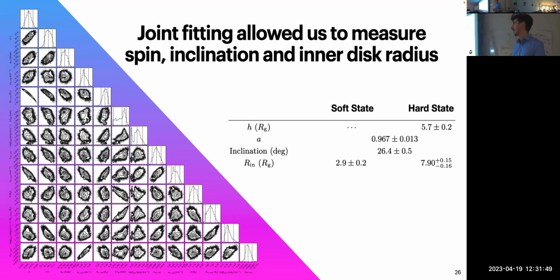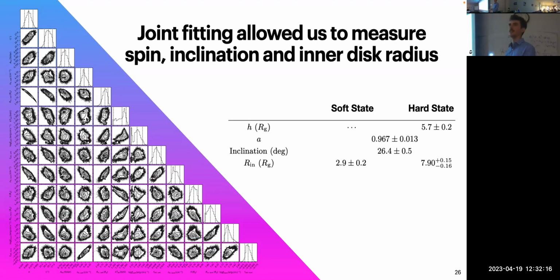So as Anna mentioned, and as Steve mentioned, we want to know the spin of the compact object. That's going to tell us about the nature of the object itself, right? Spin here being a parameterized version of the angular momentum. And then we want to know the inclination of the disk because that helps us get out the spin, et cetera. And then also we want to know how far in, so R in is the innermost radius of the disk.